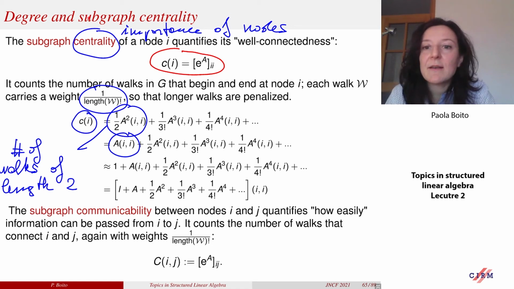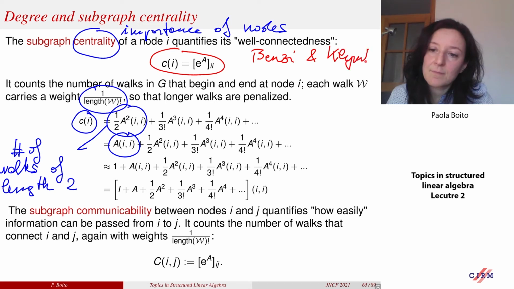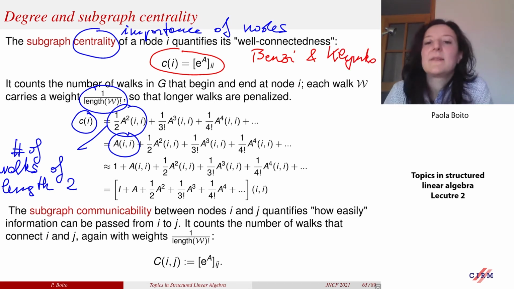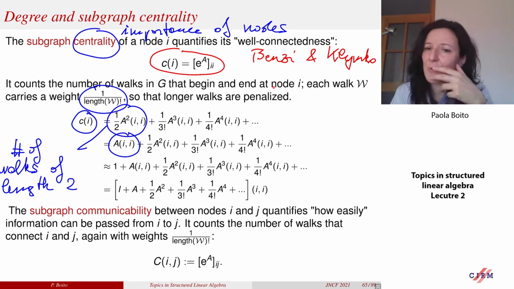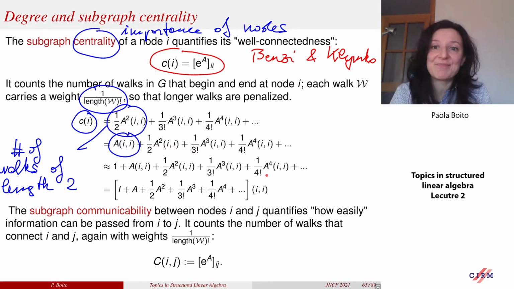There's actually a nice paper by Baines and Klimko that studies, I'm not sure what the year was, 2000, maybe 13, a comprehensive study of how these different centrality measures are related to each other and how one can vary some parameters to go from one to the other.